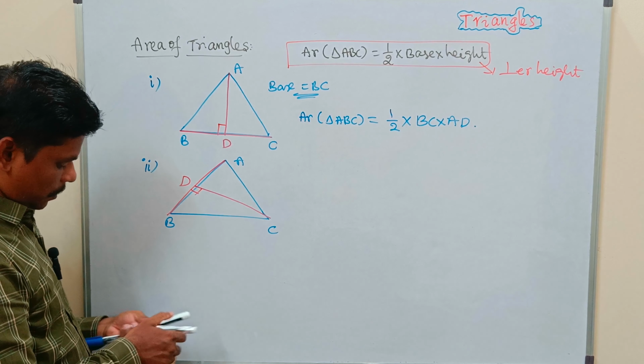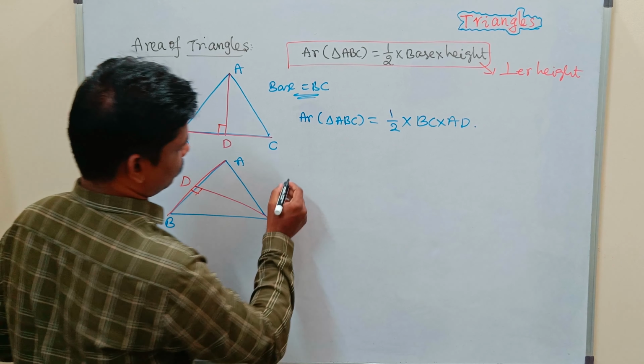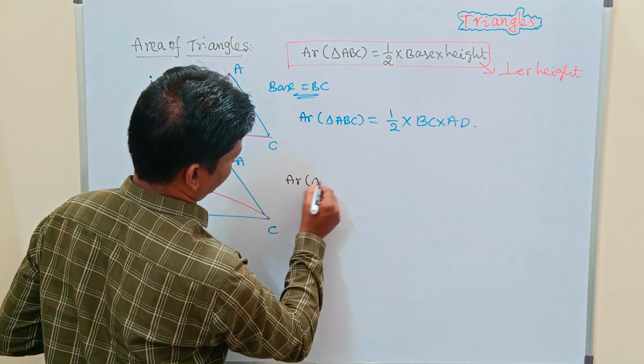So the area of triangle ABC is equal to half into the base AB into the height.